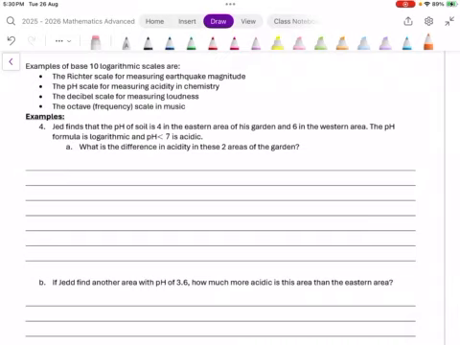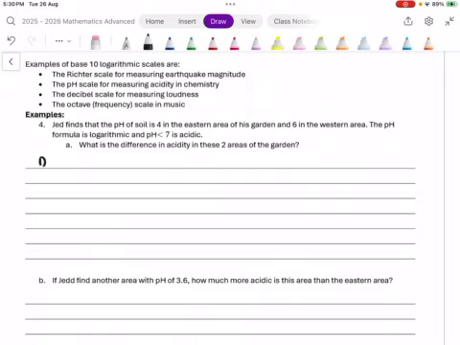We want to know what is the difference in acidity in these two areas of the garden. So we start off with the difference in pH, which is 6 in the western area minus 4 in the eastern area, so 6 minus 4 equals 2.